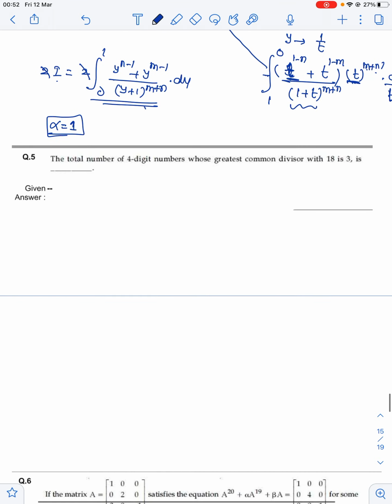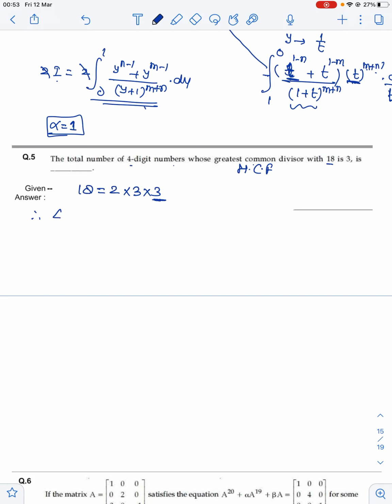Question number 5. The total number of 4-digit numbers whose greatest common divisor with 18 is 3. Greatest common divisor is obviously GCF, we already know. And 18 we know as 2 into 3 into 3. So now according to the question we have to find 4-digit numbers whose common factor with this 18 is only 3.